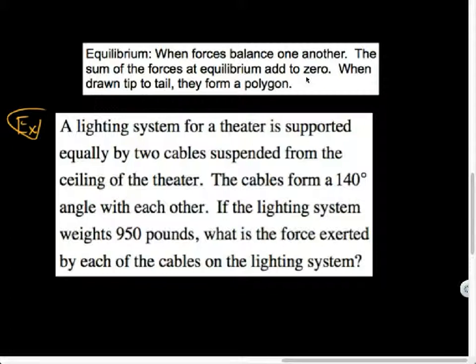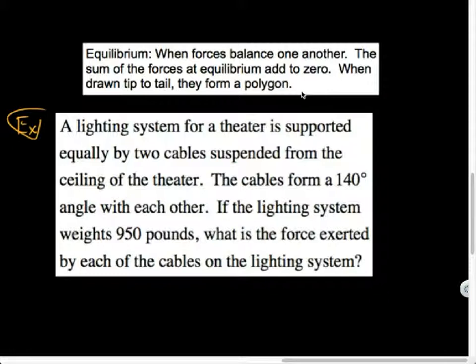And if I was to draw tip to tail sum of all of my vectors, they would actually form a polygon, meaning it would end where it started. So all of those vectors combined result in no actual overall change on our scenario. So that's described as an equilibrium.